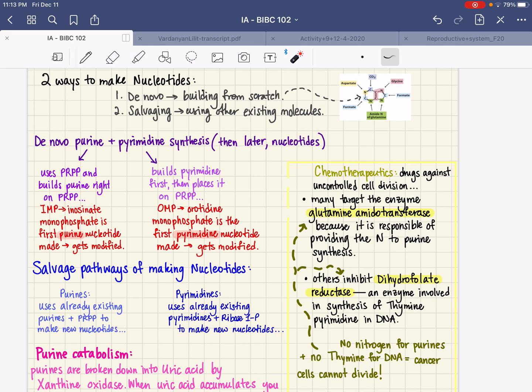So let's begin to talk about the de novo pathway of making purines and pyrimidines. After we make these bases the de novo way, they later go on to become nucleotides. Let's talk about the purine first.